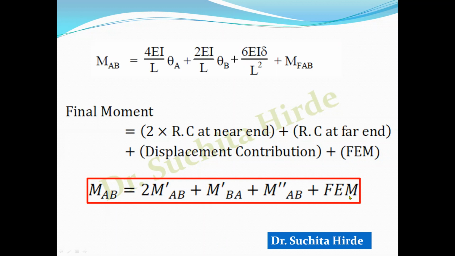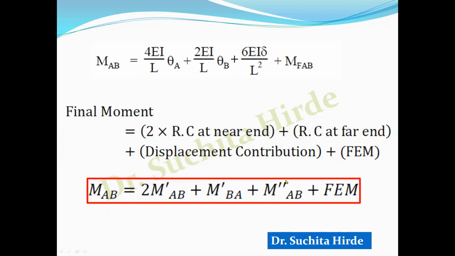When there is no displacement, that means if there is no sinking of support in a continuous beam, then the displacement term will not be there. And if the portal frame is without sway, then also this term will not appear in the equation.